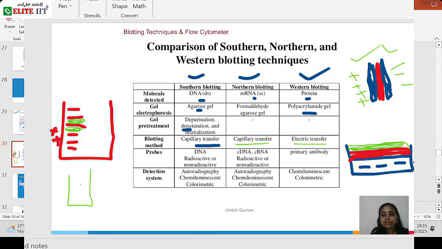So the green colored bands will go to that position, and you will get only two bands in the nitrocellulose membrane if you put it towards the anode.